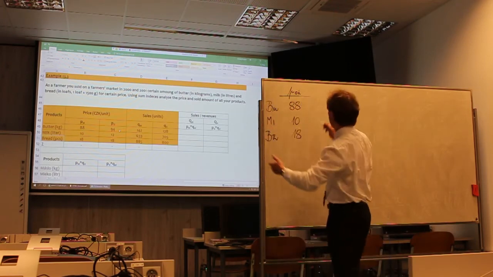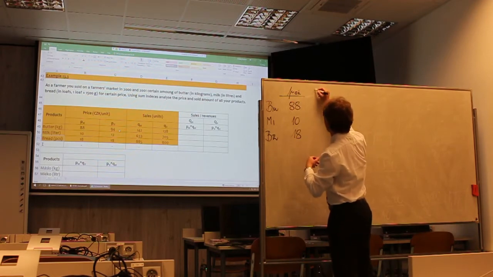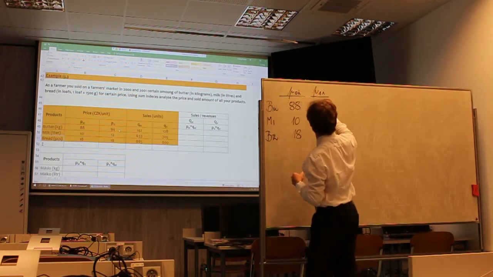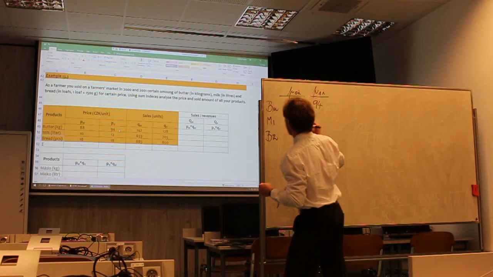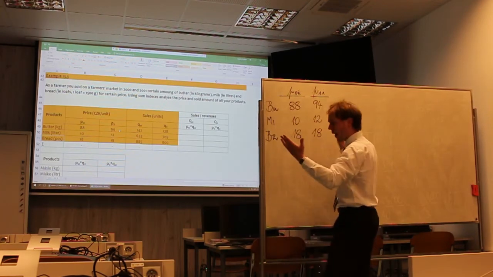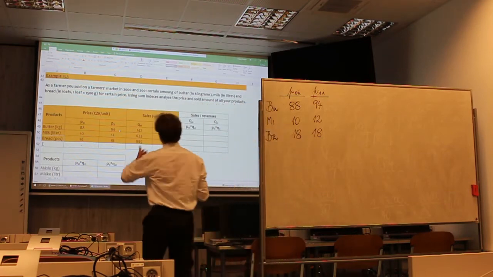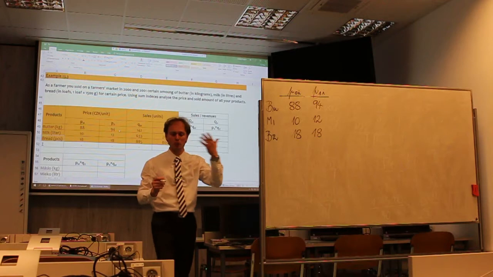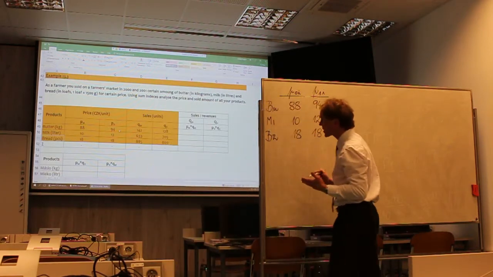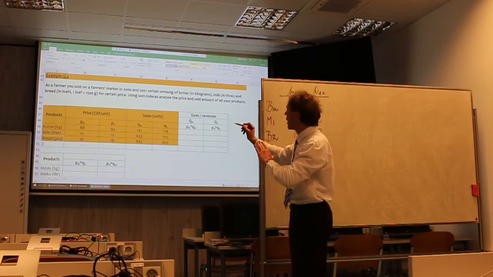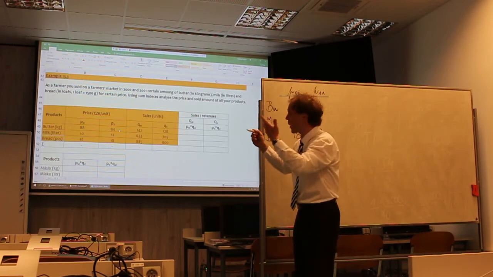And now there is year 2001 price in period 1 for each product. 94 Czech crowns, 12 Czech crowns, 18 Czech crowns. And quantity, sales, again in measurement units, sales in kilograms, in liters, and in pieces, loaves of bread.